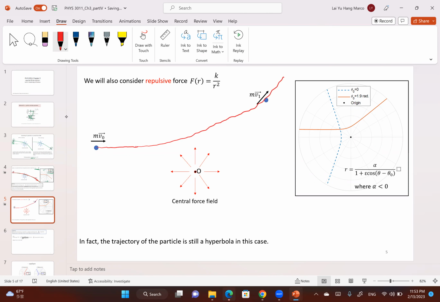So this is roughly the shape of the trajectory that you expect. Now what is this shape? It turns out that this shape is also a hyperbola, and mathematically, I will explain why in a minute.